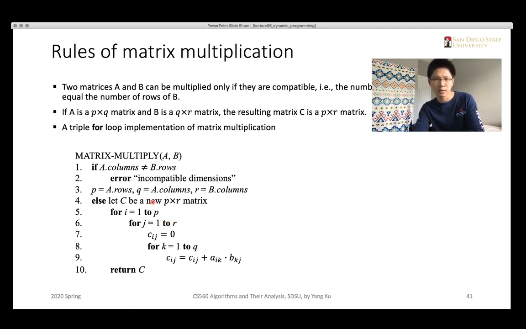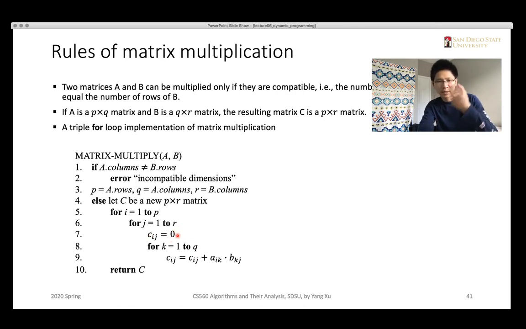Because C has R columns as well, the same as B. So for each element in C, indicated by C with subscript ij, that means the element in the ith row and the jth column of the resulting matrix C, we don't know it at first, so we let it be 0.